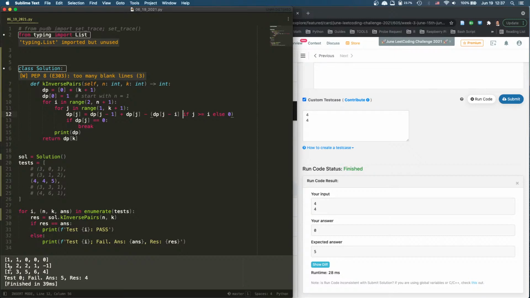So it's 0, 1, 2, 3, 4. All right, so we have 3, 4. 3, 4 is going to be this, right? Only 3, 4. So j is 4, so j is 3. So 1 plus dp[j], that's 0, so it's 1, minus i is 3, j is 4.